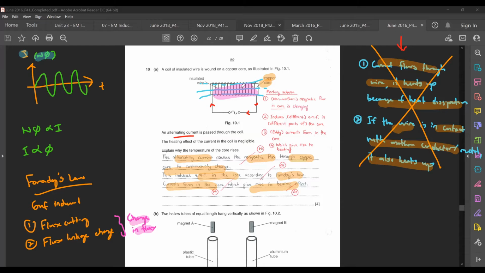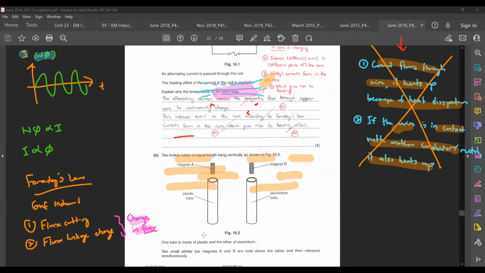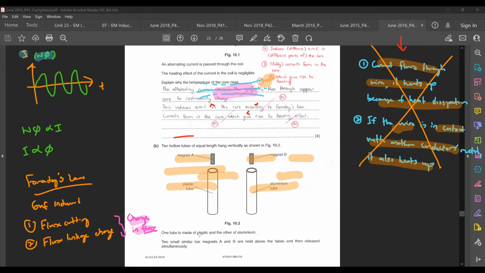Instead, what's happening here is that the flux through it is changing. So it's more accurate to say that there's a change in flux. In the first place, flux cutting or flux linkage change can be generalized as just change in flux. As long as anything experiences a change in flux, you're going to have EMF induced. Okay, so that one is okay.